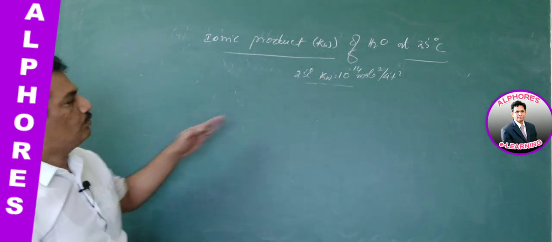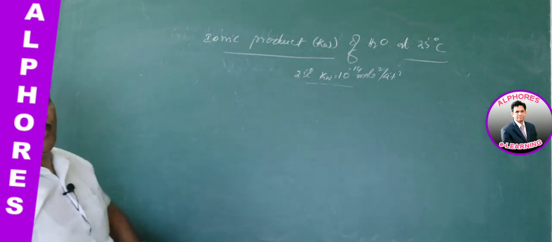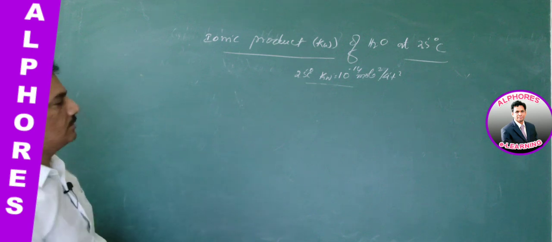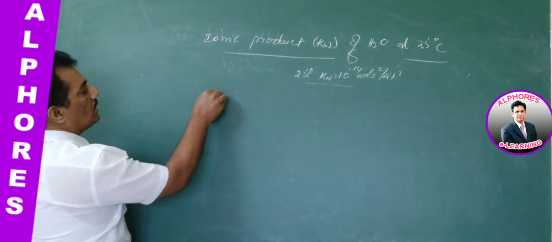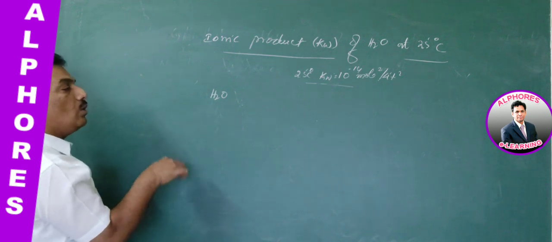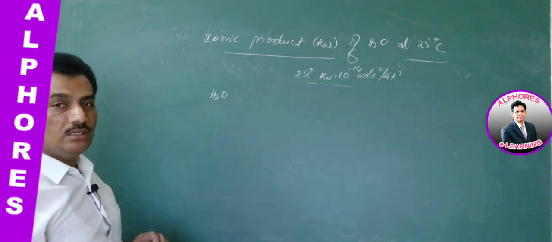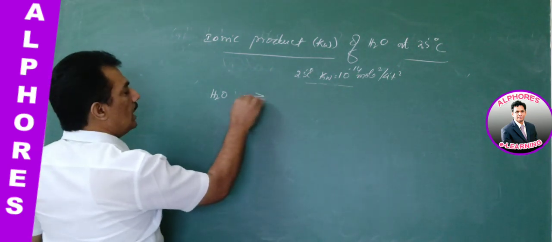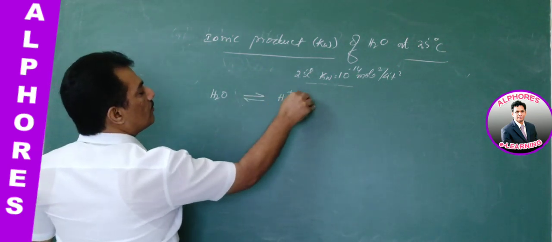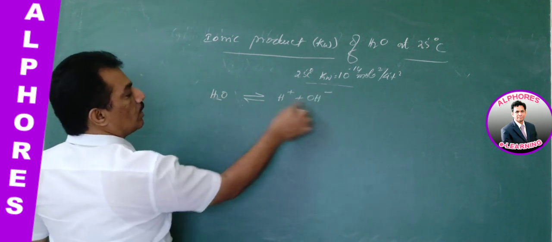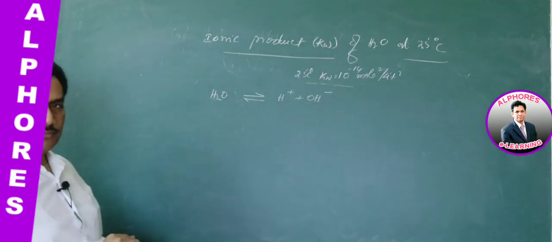Clear? And before going to that, let me make you recollect by briefing how the ionic product of water comes. As we know, water is a weak electrolyte, and it is an auto-ionizing or self-ionizing liquid that establishes an equilibrium between the dissociated and undissociated molecules like this.